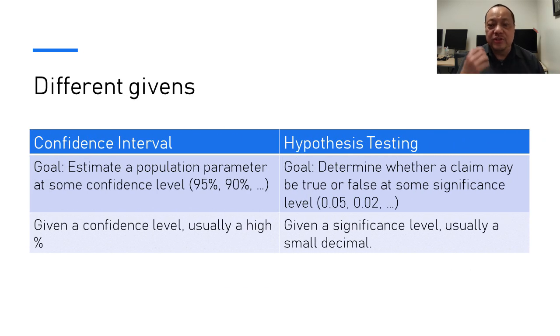In a full CI or HT question, the given values are different. In a CI question, you're given a confidence level, and it's usually some high percentage, like 95% or 90%. In an HT question, you're usually given a significance level, and that is usually a small decimal, 0.05, 0.02.